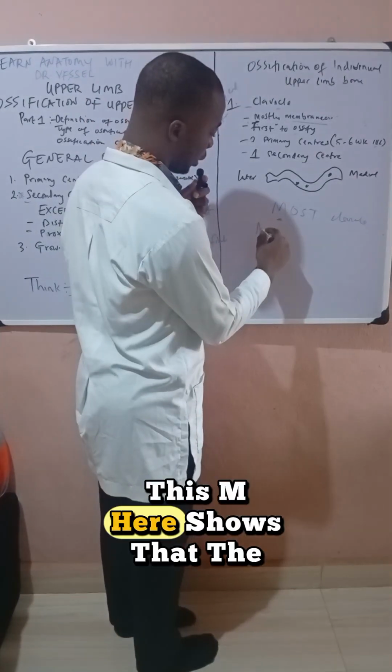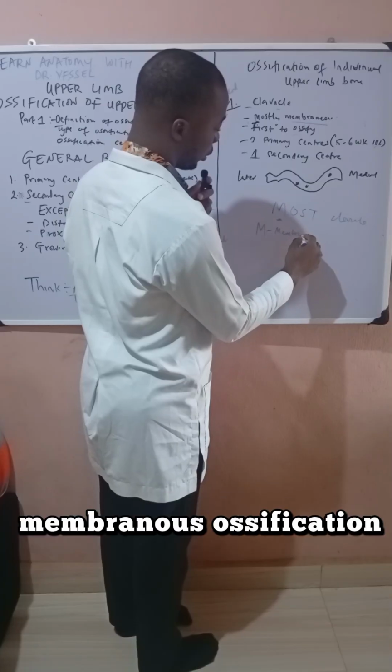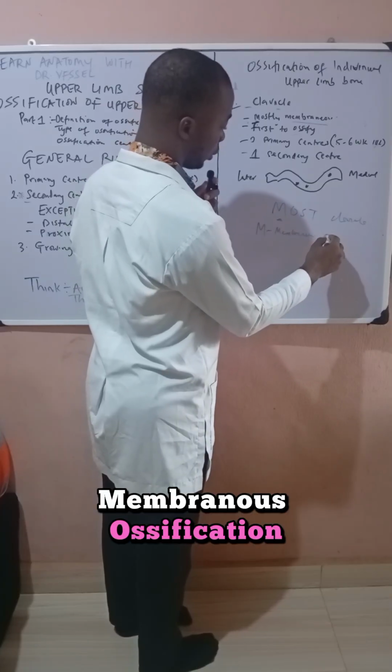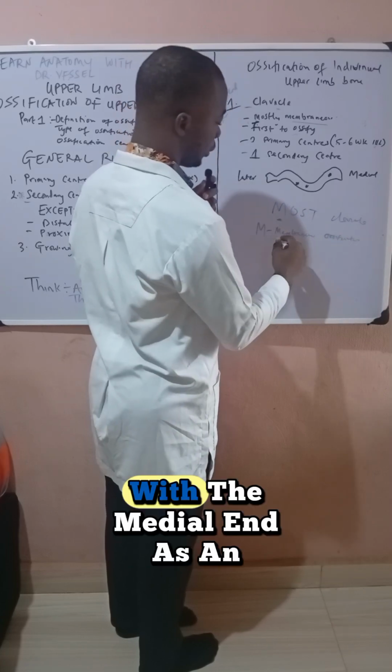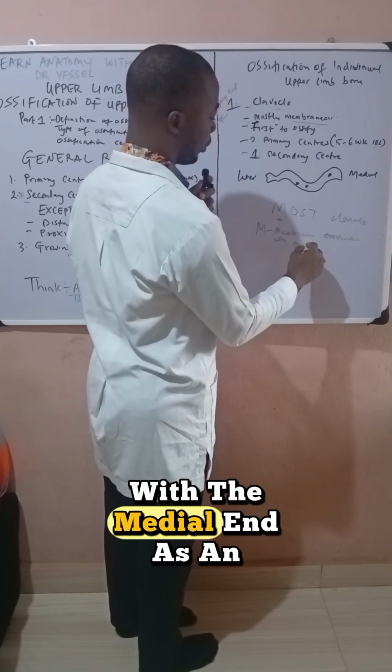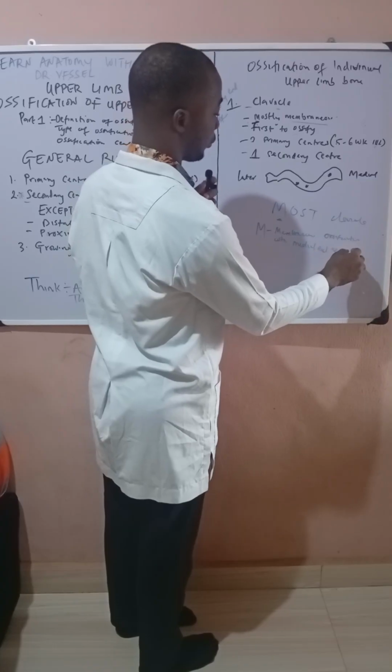Now, this MO here shows that the clavicle has membranous what? Membranous ossification, with the medial end as an exception.